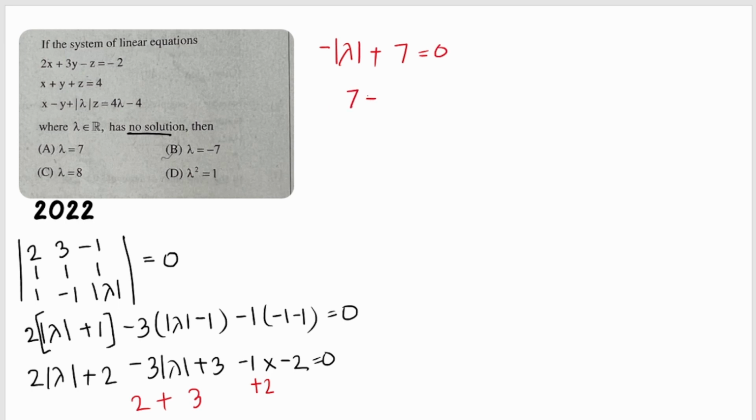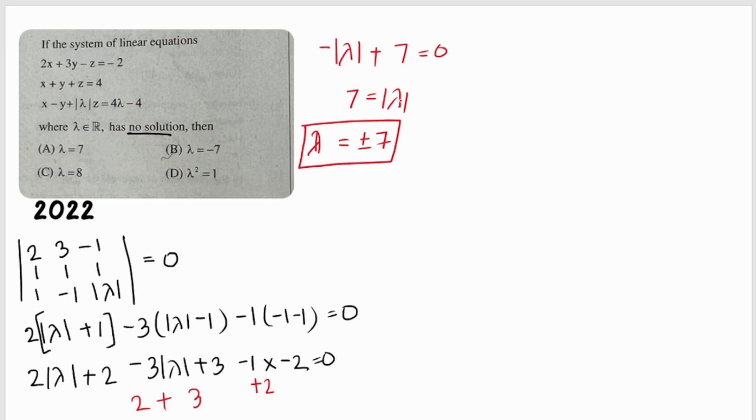That means 7 equals mod lambda. So lambda equals plus or minus 7. Okay. We have two values of 7. And the options also two values are given, lambda equal to 7, lambda equal to minus 7. For which value of lambda it will give no solution. We need to check that fact.